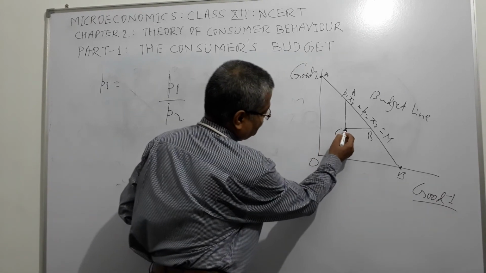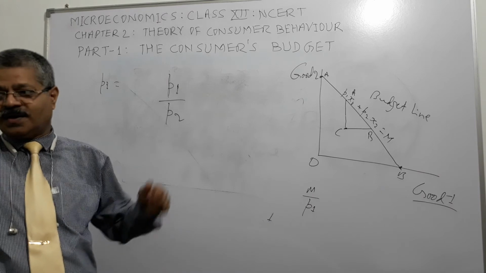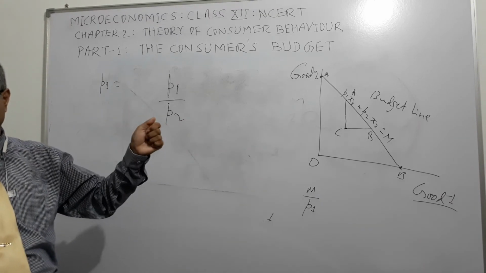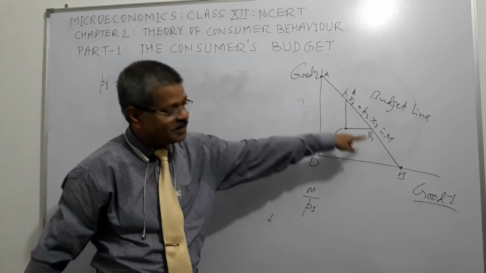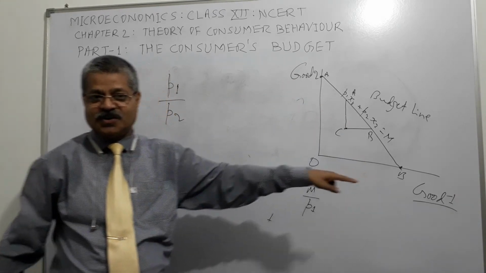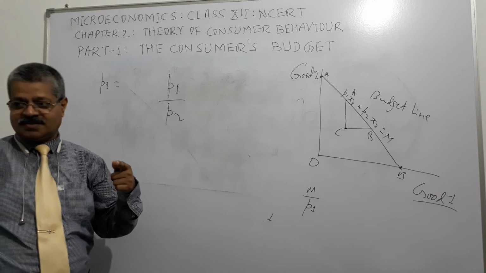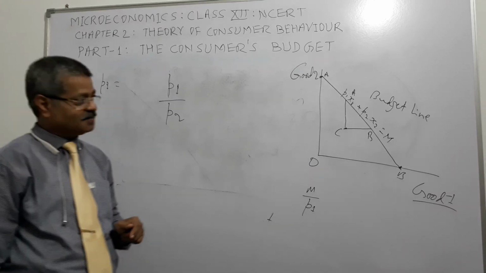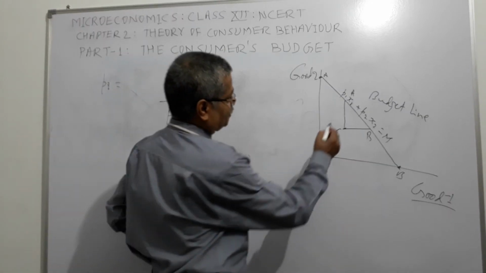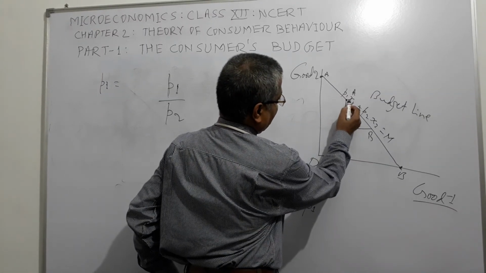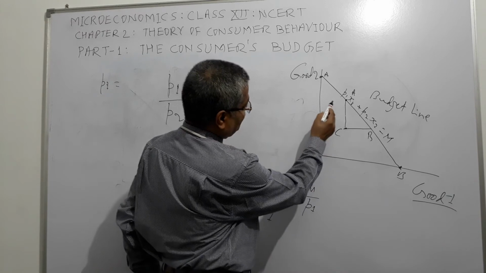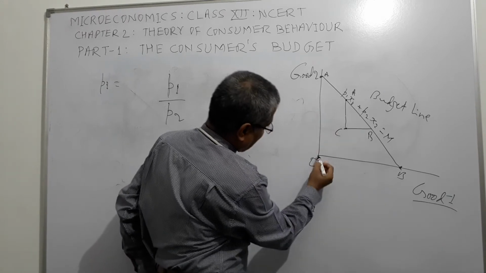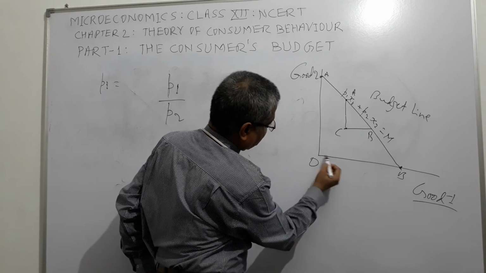This is the point C. Compared to a point below the budget line, there is always some bundle on the budget line which has more of at least one good and no less of the other. Now take it, we are at A here. We are getting this much of good 2 and this much of good 1.